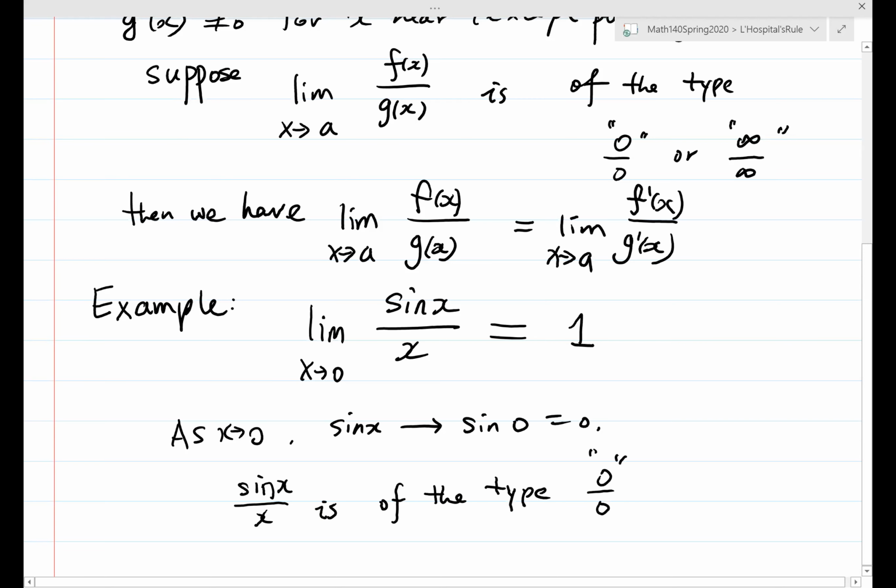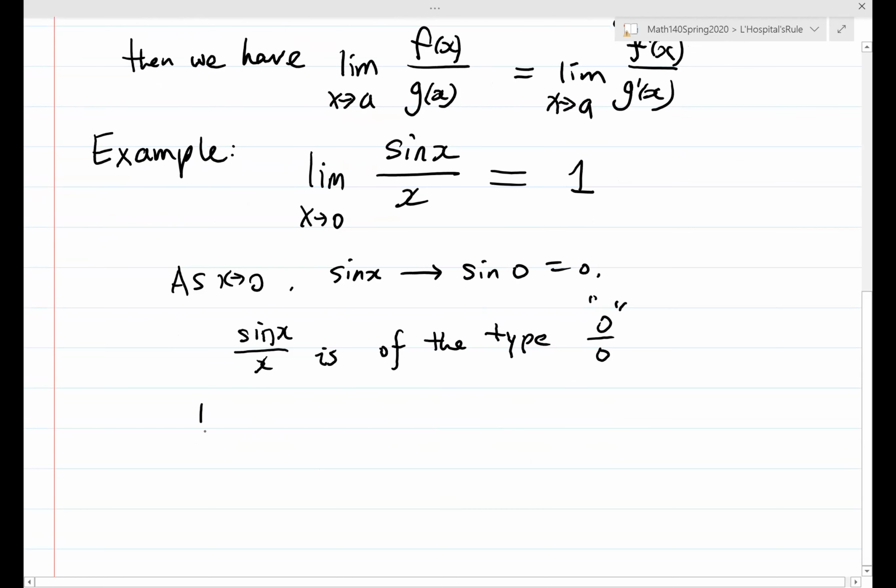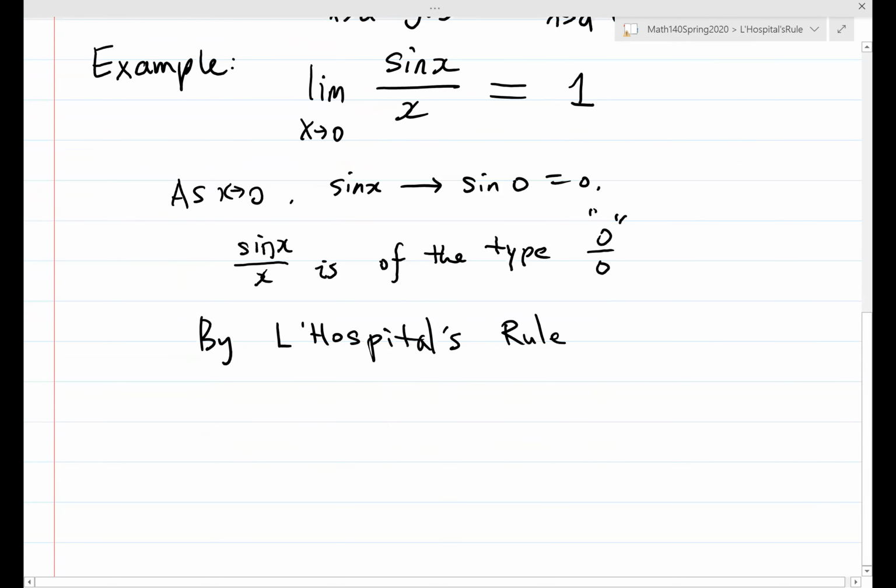By L'Hopital's rule, you check that they are both differentiable. Sine x and x are differentiable, and the denominator has derivative non-vanishing near 0. So L'Hopital's rule applies.